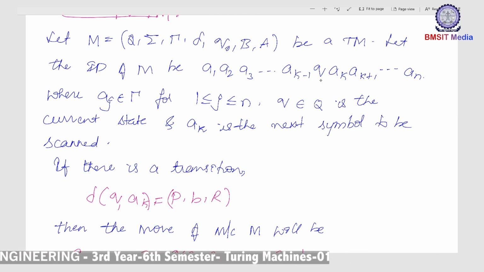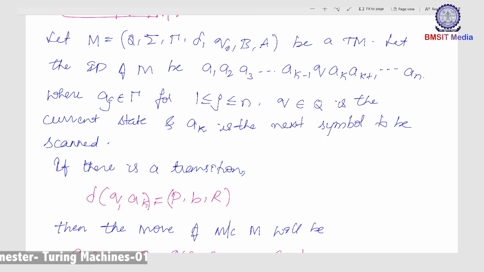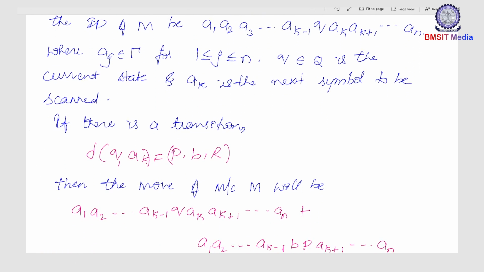So this is the current state, this is the next symbol to be scanned, and this is the already scanned input. If there is a transition, delta of Q comma AK equals P comma B comma R.